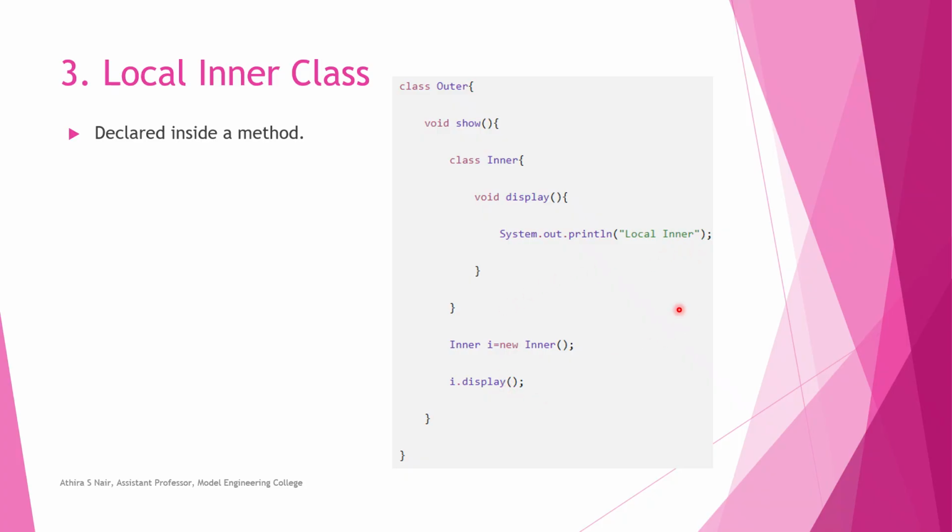The inner class is available only within the method where it is declared. So here we are creating an object Inner i is equal to new Inner inside this method itself, and then i.display, because the inner class is available only within the method where it is declared.